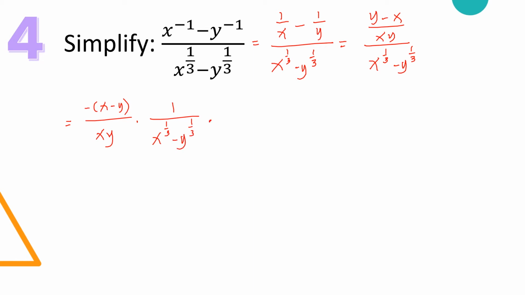We can get rid of terms with fractional exponents in the denominator by multiplying both numerator and denominator by x raised to 2/3 plus x raised to 1/3 y raised to 1/3 plus y raised to 2/3.